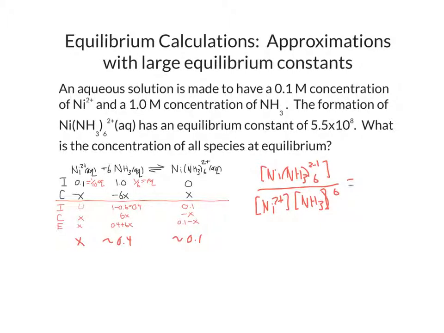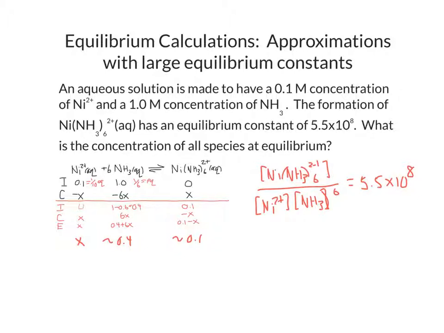And that's equal to our equilibrium constant value, which is 5.5 times 10 to the 8th. So notice that if I had not been able to ignore the 6X in my equilibrium concentration of ammonia, I would have had an equation in the 6th power of X. And that would have been impossible to solve algebraically without some computer-aided help.